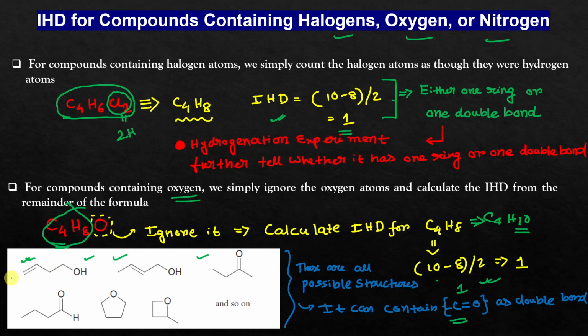This double bond will contribute 1, and the position of the double bond could also vary, because the IHD does not say anything about the position of the double bond. Similarly, it could have a C double bond O, which will also contribute 1 to the IHD. It could be a ketone, or an aldehyde, or some other compound.